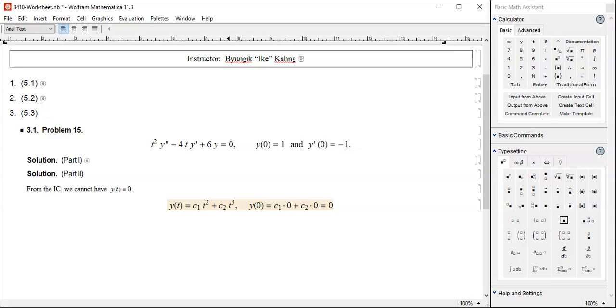We have to get 0, but the problem says y of 0 is equal to 1, and how is this possible? Am I missing something? Or is this problem designed to be like this?